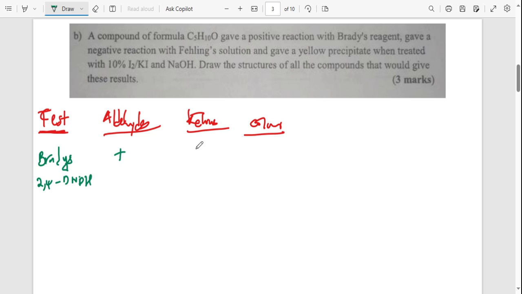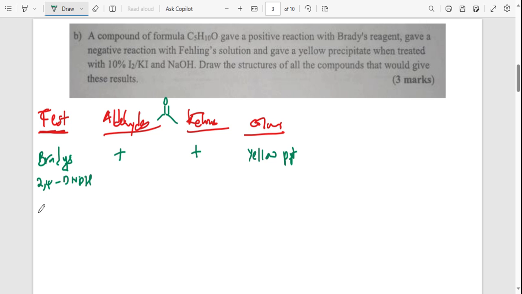This test detects carbonyl groups. As long as a compound has a double bond with oxygen, a carbonyl group, it will be positive. So it is positive for both aldehydes and ketones. The color you see will be yellow to orange, a solid precipitate.